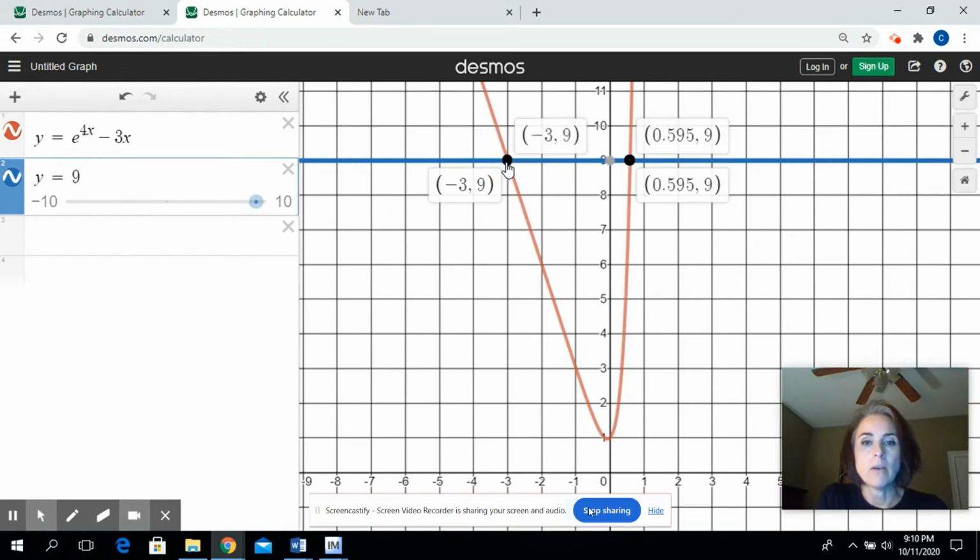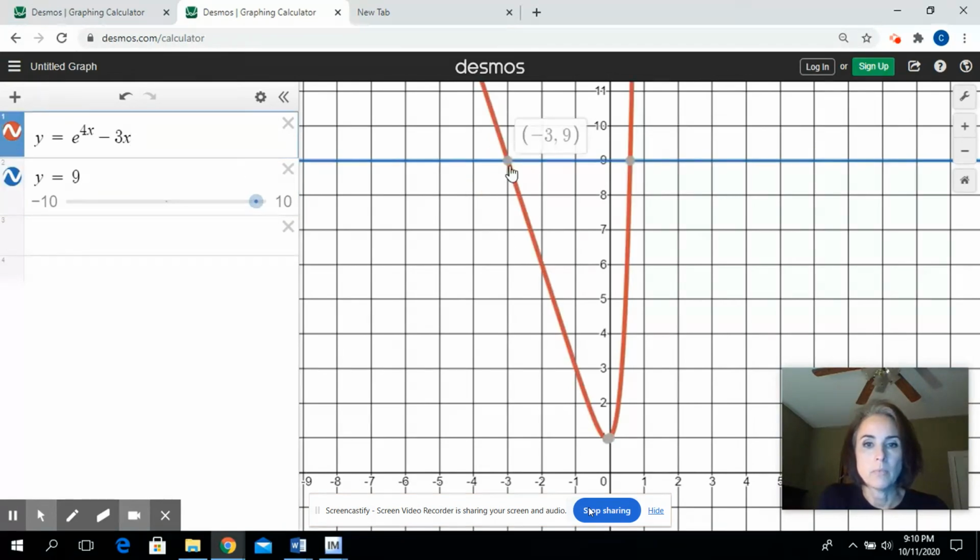So we have negative 3 and 9, and then 0.595. So my x values are negative 3 and 0.595. It's just like we did before.